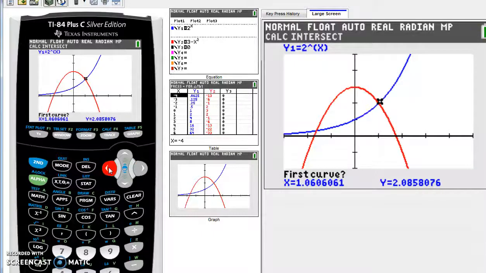Oh, see, I don't want this one. I want this graph. So I moved down, and it jumps graphs when you move the cursor up or down. So make sure you're on the graph that you want. You want that and that line, the black one on my screen. Hit guess. There it is.